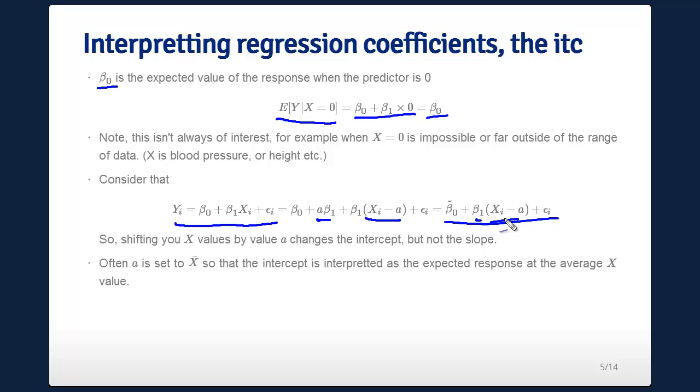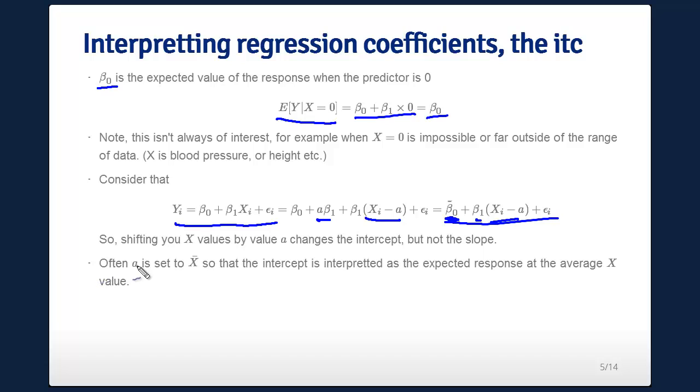So the slope hasn't changed, but the intercept has changed. Now the intercept is what you would interpret when this new variable x i minus a is 0, or in other words, when x i actually takes on the value a. So if you take your regressors and shift them by value a, that simply changes the interpretation of the intercept, but it won't change your slope.